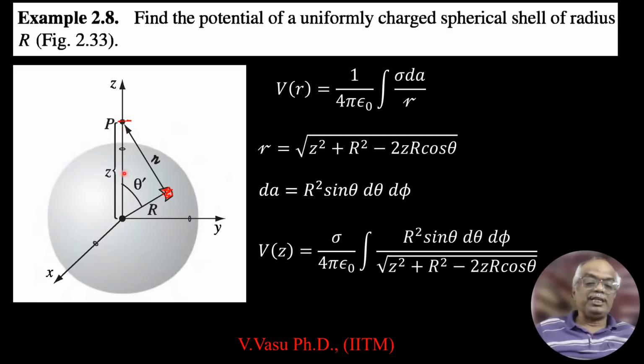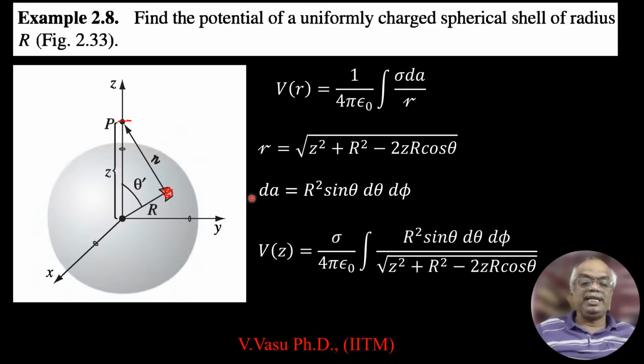So the angle enclosed is theta, and the arms are z and R. According to the cosine law, script r squared is equal to z squared plus R squared minus 2zR cos theta. That is, script r is the square root of z squared plus R squared minus 2zR cos theta.